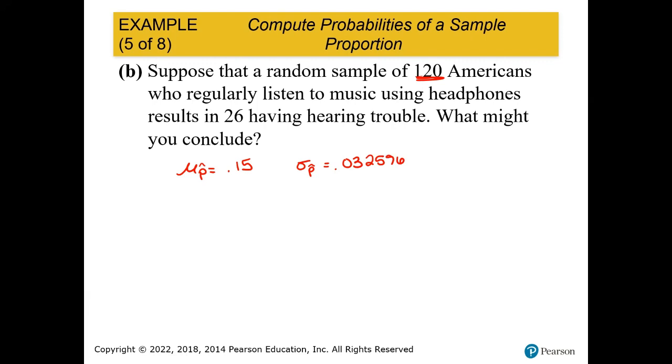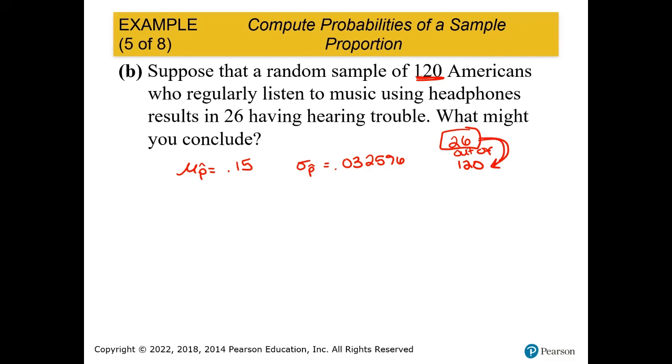So supposing that random sample of 120 Americans who regularly listen to music using headphones results in 26 having hearing trouble. What might you conclude? So we have 26 out of 120. In this case, they gave me the number with a characteristic out of the total. They didn't give it to me in decimal form. So I have to be careful to make sure I know that.